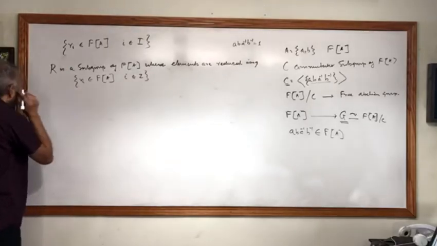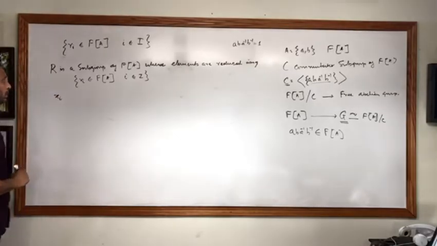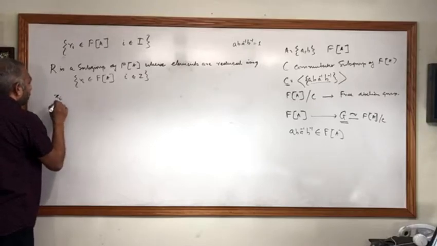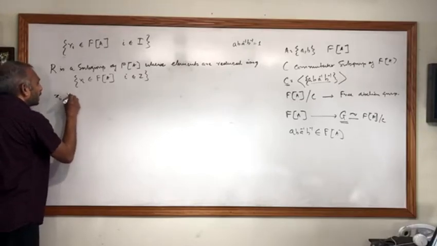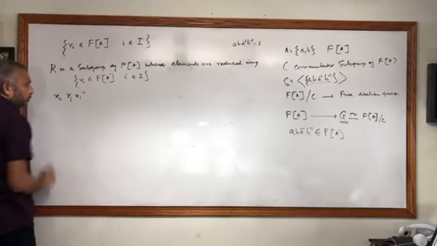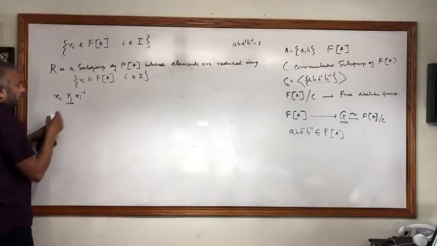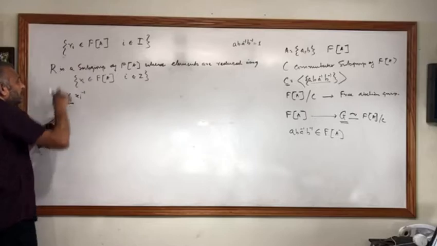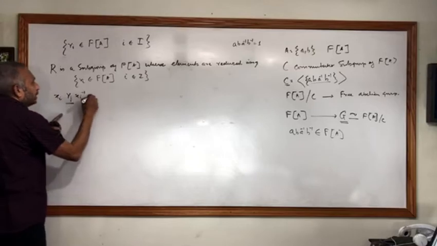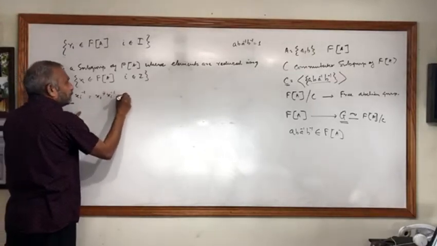For example, let us take elements like xi's, and what we will do is xi times rj times xi inverse. What is this? This is actually 1. If rj comes from here, this is actually 1. So this is equal to xi inverse, xi times xi inverse, and that is equal to 1.